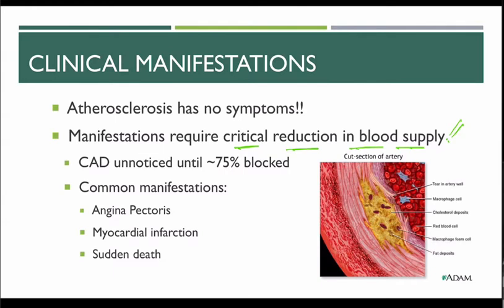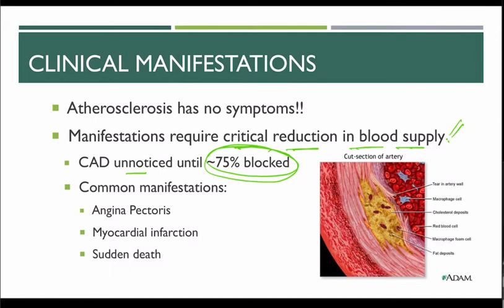Typically, coronary artery disease is unnoticed until it's 75% blocked. That's a lot. The flip side is, isn't it amazing how wonderfully we were created, that our heart can keep going with only 25% of the lumen available? The negative is that this vessel is going to be very blocked already by the time they first notice it.